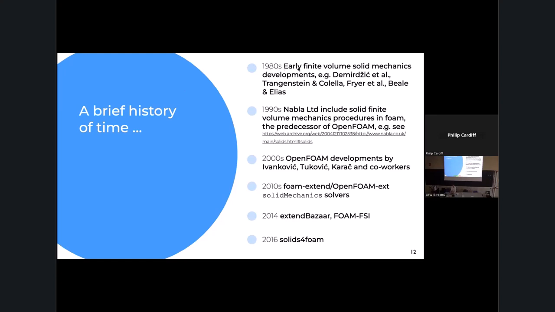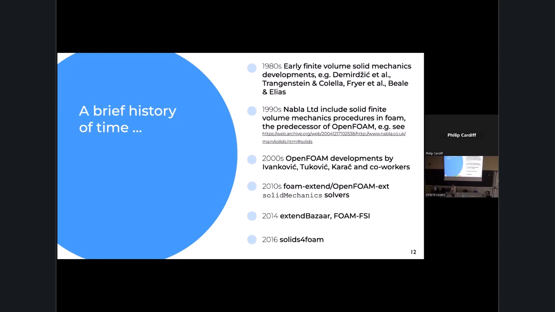Since the late 1980s, there were papers exploring finite volume methods for solid mechanics, a variety of different approaches, just like we see in CFD. There are Demirdžić-type approaches, which are similar to what we have in OpenFOAM, but there were also, let's say, fast, explicit, compressible-type approaches, and also vertex-centered approaches and staggered grid approaches.